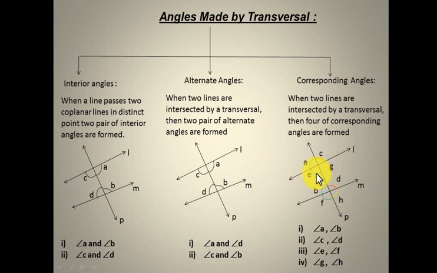I have given different colors to them so that you can easily tell which is the corresponding angle of E, F, which is the corresponding of G, H, C, D, A, B. And remember, corresponding angles are always congruent. If measure of angle A is 60, automatically measure of angle B will also be 60. These are called corresponding angles.